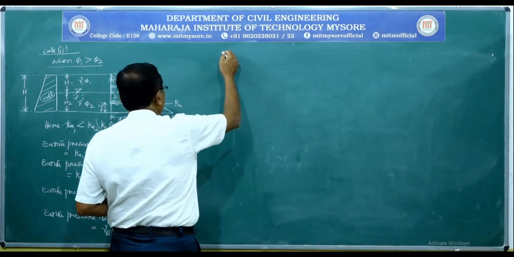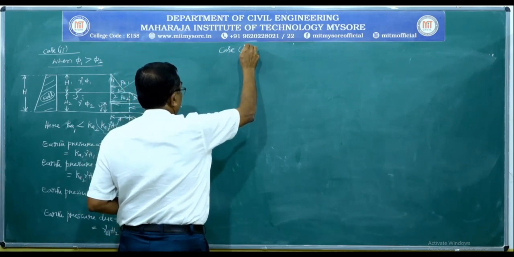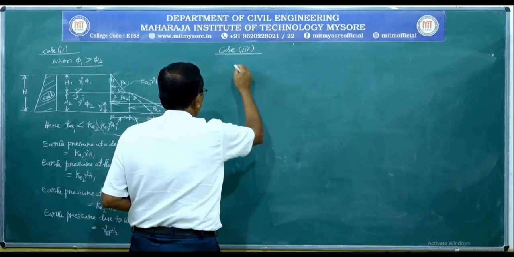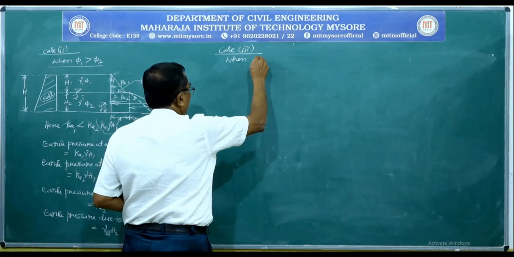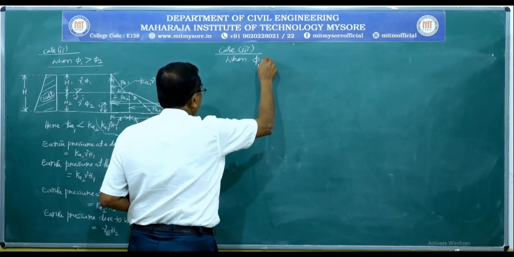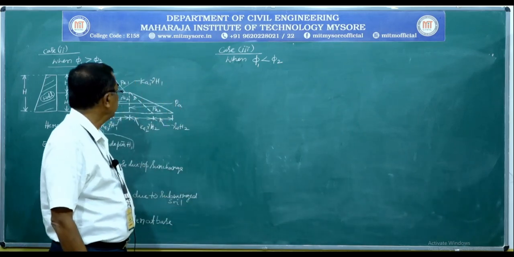Next, case 3, when phi 1 is less than phi 2, meaning phi 2 is greater than phi 1.